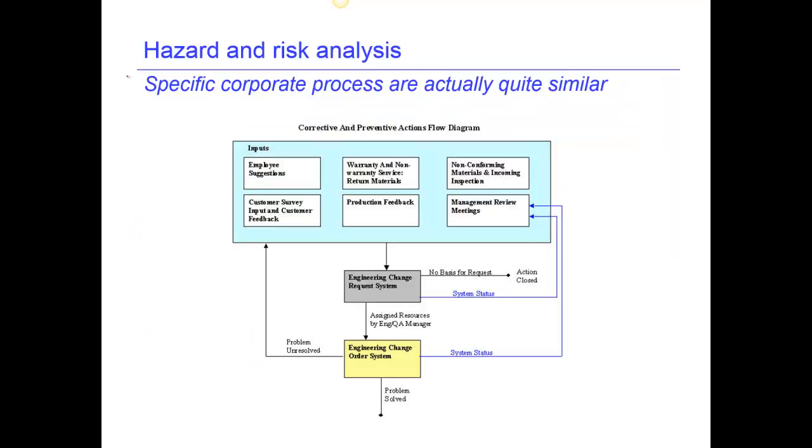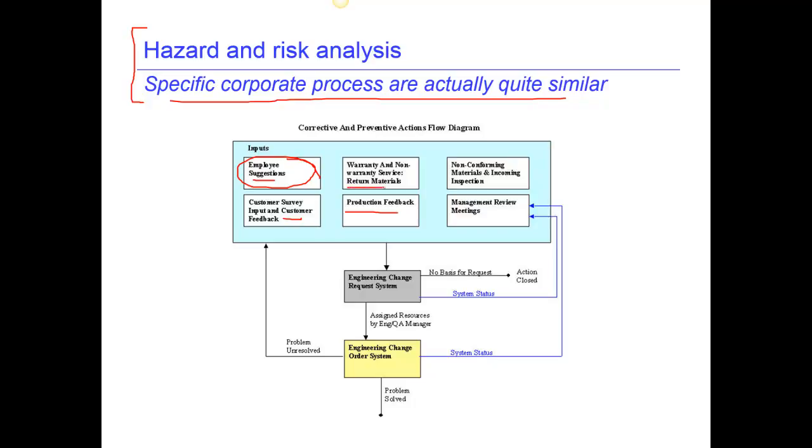But essentially, let's think about the process again as a hazard and risk analysis process, and specific corporate processes are very similar in many ways, as we talked about in the very first lecture. I particularly like this chart because it shows that the source and the trigger for a CAPA could be employee suggestions. Many times people think of CAPA as something that only deals with outside customer feedback, but in fact employees can make suggestions as well from the production floor.